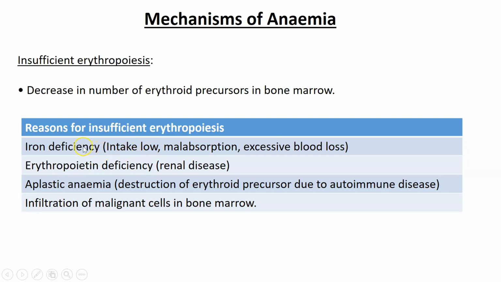It could be that the intake is low. Somebody who is vegetarian, though it doesn't have to be, vegetarians suffer from iron deficiency much more than people who eat meat. That's not to say there aren't vegetarians who avoid iron deficiency because they supplement their diet with iron-rich foods such as spinach and green leafy vegetables.